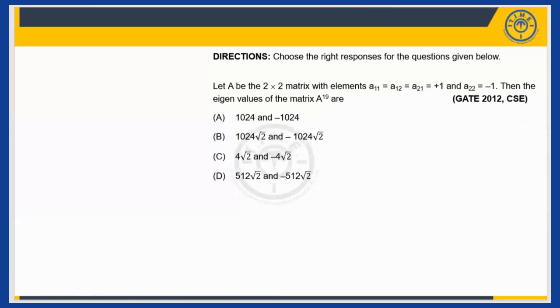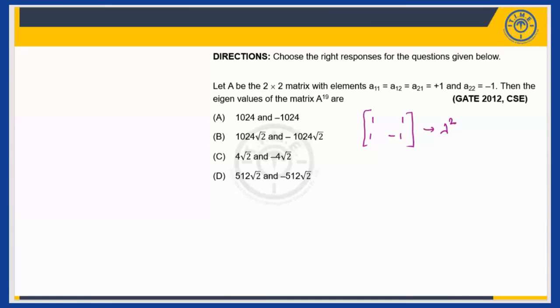Right, so this was asked in the year 2012. Let A be a 2 cross 2 matrix with elements A11 is 1, A12 is 1, A21, A22. Then the eigenvalues of A to the power 19. Now what is the characteristic equation of this?